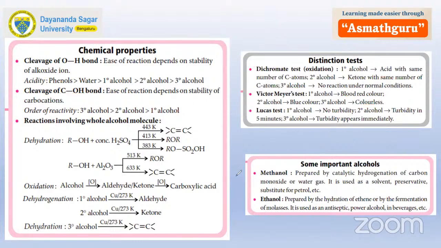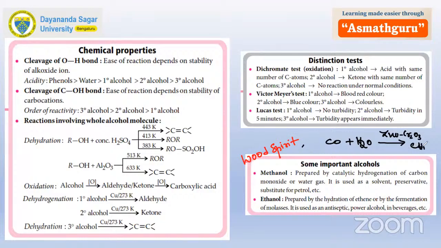Then, a little bit about methanol and ethanol. Methanol is also called wood spirit because it was obtained by destructive distillation of wood, which is a long process. But nowadays, commercially, we prepare it in a very few minutes by taking water gas and heating it with zinc oxide and chromium oxide.